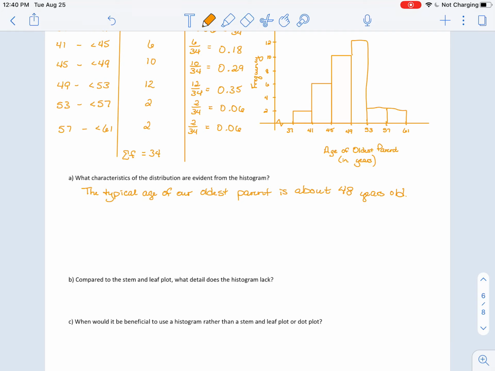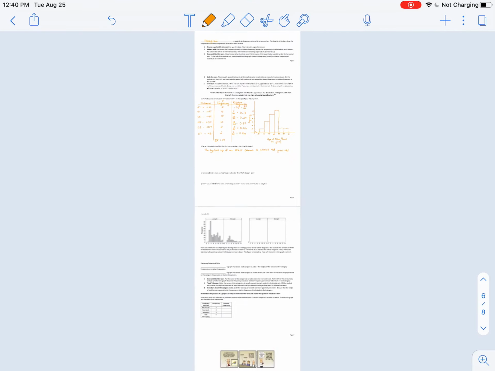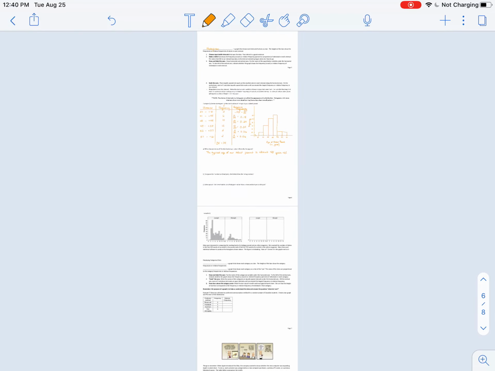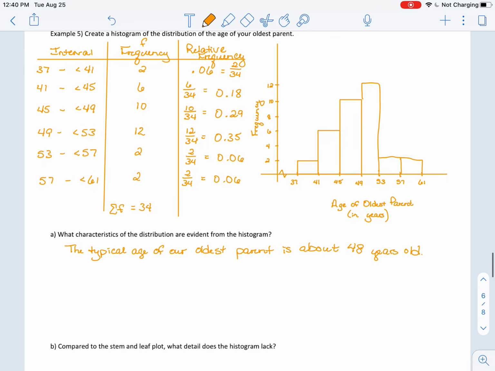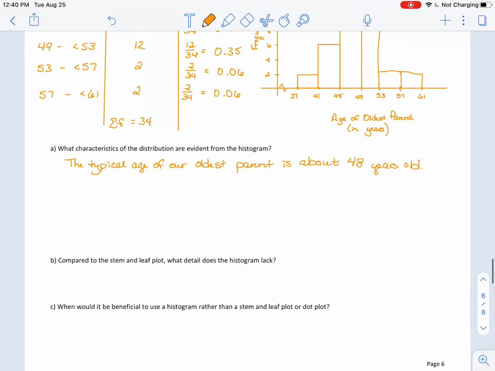So that's the center. I'm going to talk about the shape of it, which is kind of hard to do. But again, remember, you're looking at the general shape. If you zoom out, in general, it's kind of sort of symmetric. It's not great, but I wouldn't say there's a long enough tail really in either direction to call it skewed left or right.